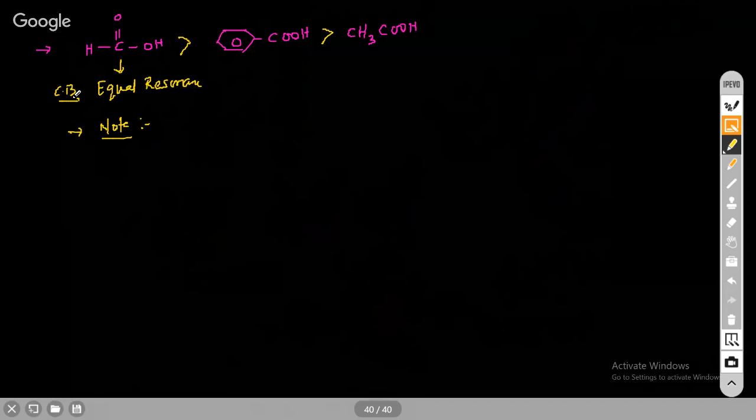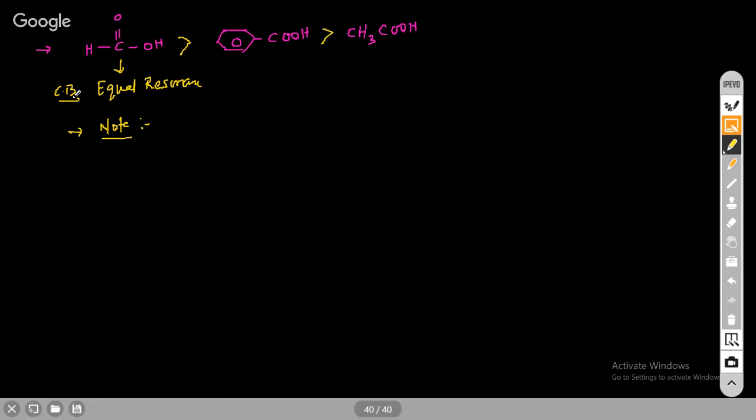Aromatic carboxylic acid is more acidic than aliphatic carboxylic acid, except formic acid. Must remember one thing: formic acid, which is HCOOH, is the only aliphatic carboxylic acid which is more acidic than the aromatic carboxylic acid.